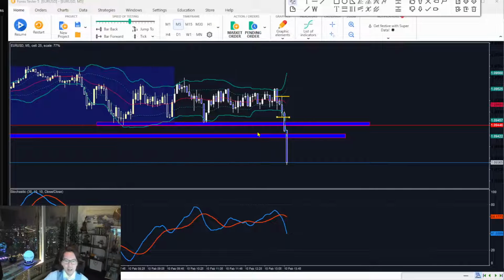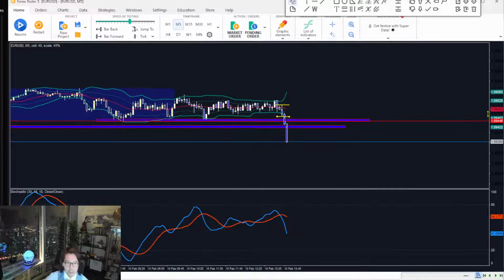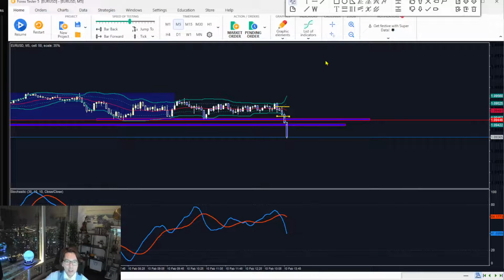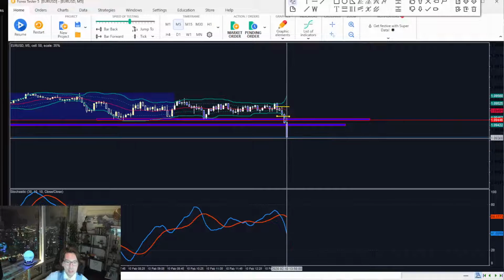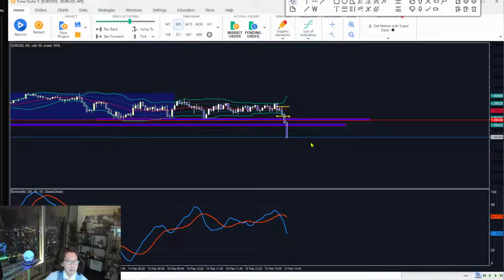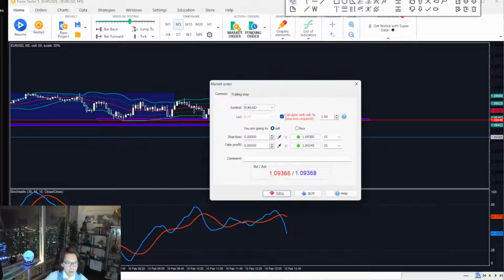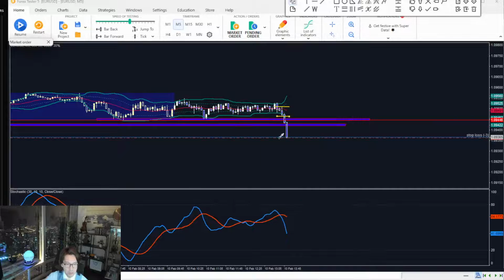But yeah, so here I enter trade, okay? So in terms of the stop loss, in this case, let me see, I will take the stop loss of, let's see, 30 pips above, around. So let me just market order. In the Forex Tester, you can physically enter trade, which is a good part of the Forex Tester. So this is how I set the stop loss.